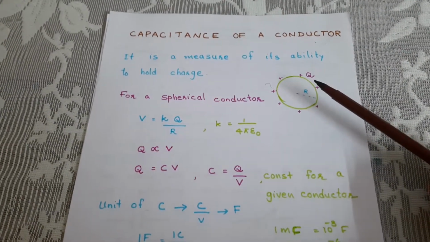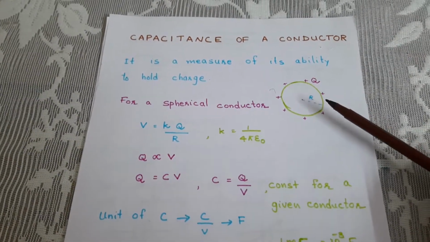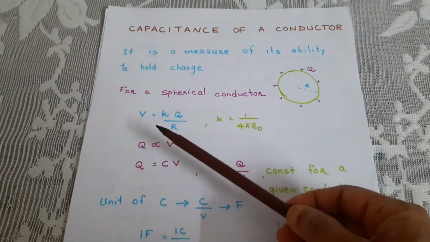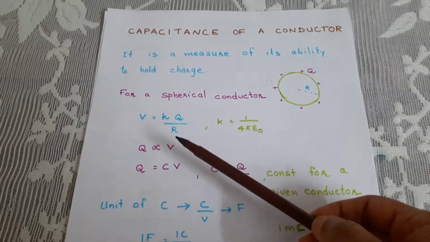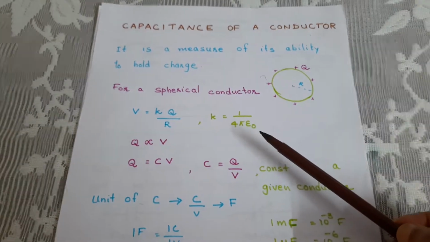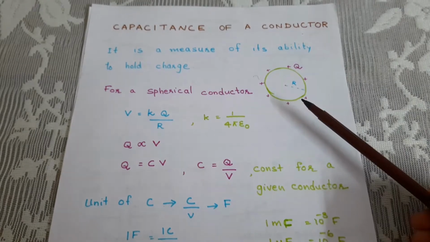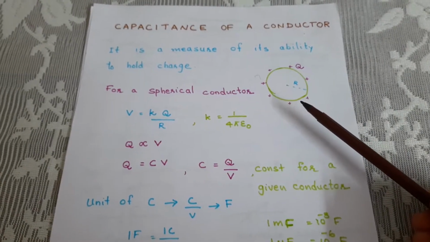And if Q is the charge on the surface of the conductor, the potential on the surface V is equal to kQ by r, where k is 1 by 4 pi epsilon 0. As the charge on the conductor increases, the potential also increases.